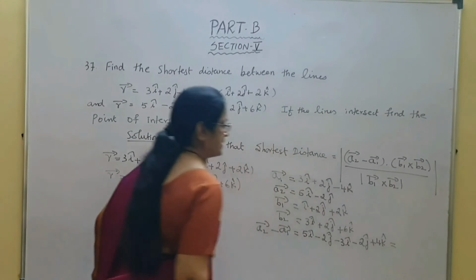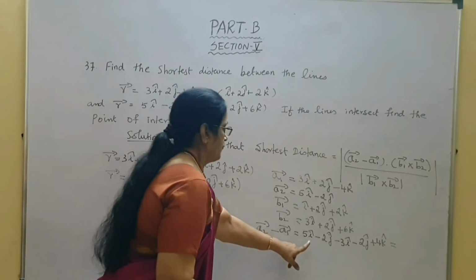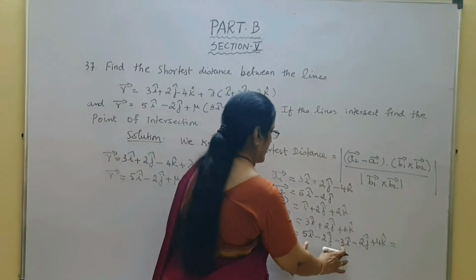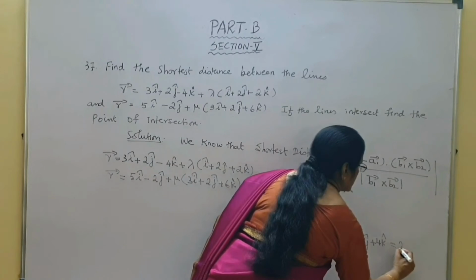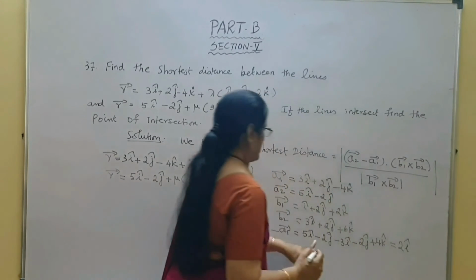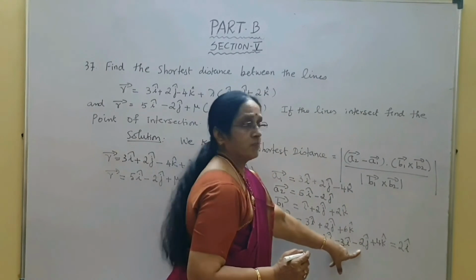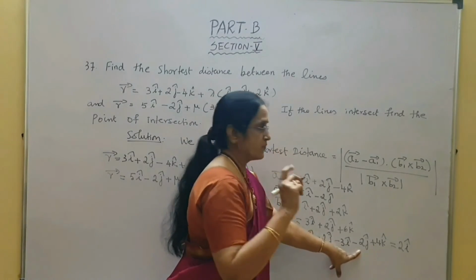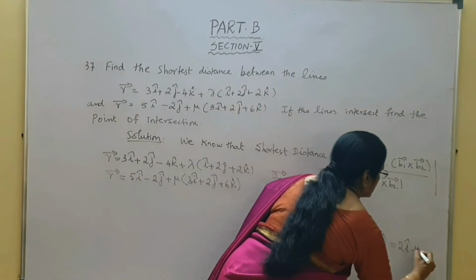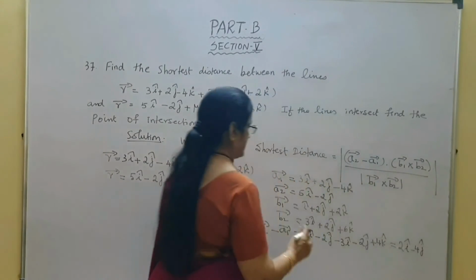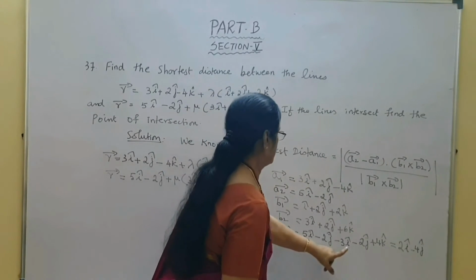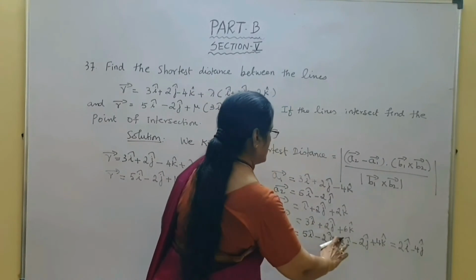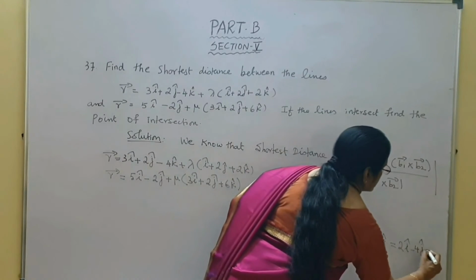When I simplify this, I will be getting 5i cap minus 3i cap is 2i cap, minus 2j cap minus 2j cap is minus 4j cap, then plus 4k cap.